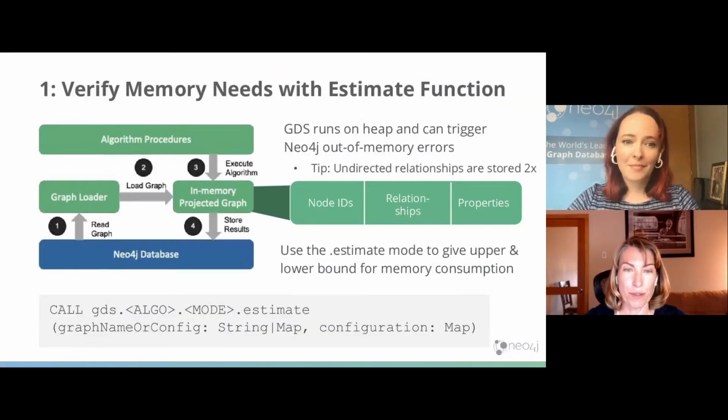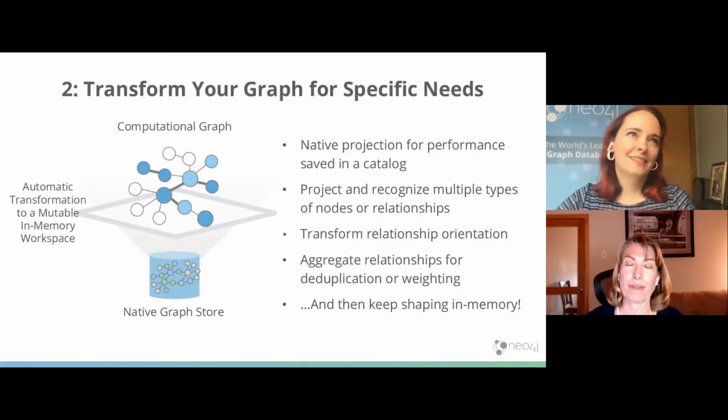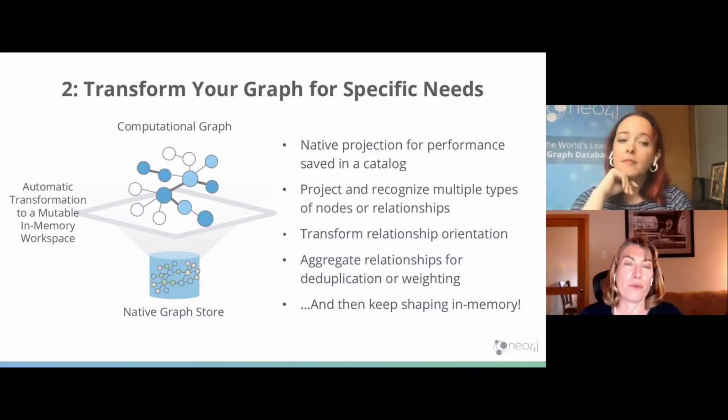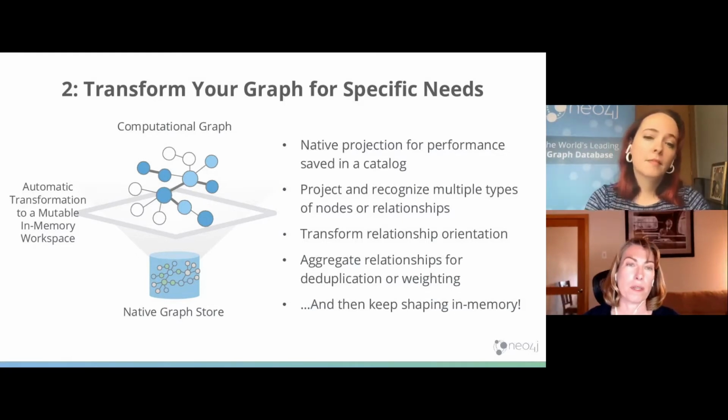So the next cool thing is looking at transforming your graph for specific needs. A lot of times, not only do you want to get your graph into this computational format that is really effective, and save that for use, you probably have specific needs.